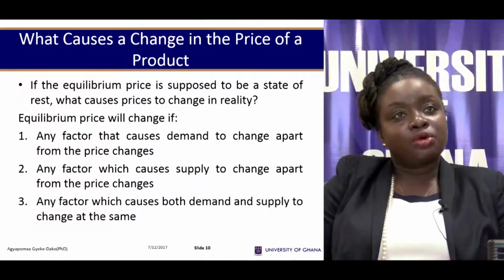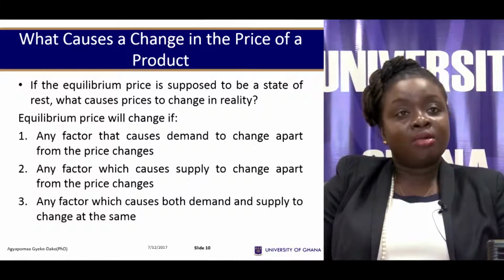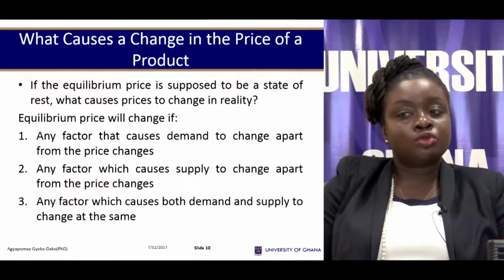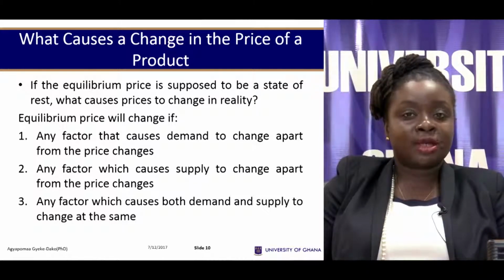Another thing that would cause the equilibrium price to change is having both a factor that causes the supply curve to shift bodily to the left or to the right, and a factor that causes the demand curve to shift bodily to the left or to the right, changing.